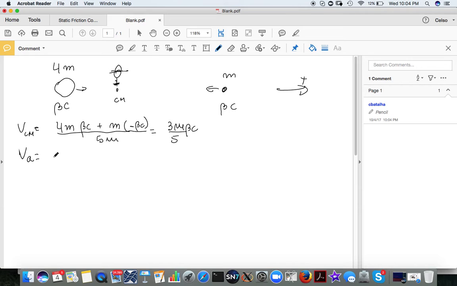The velocity is going to be given by βc minus the velocity of the center of mass as seen by somebody outside. Oh no, it's 5m, so I don't have m here. Which is equal to 2/5 of βc.